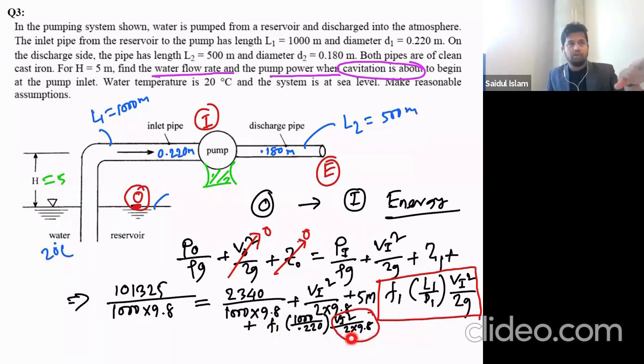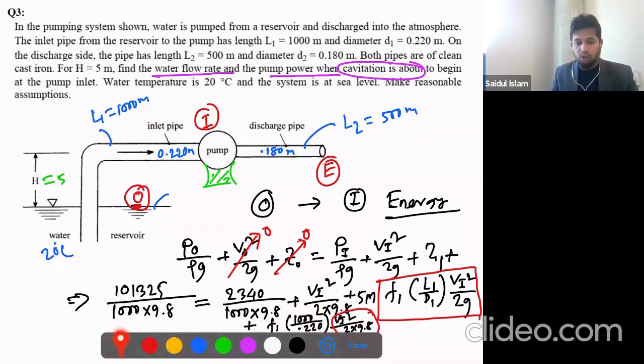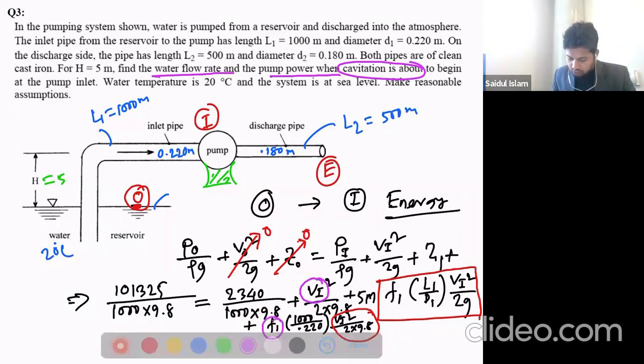Next time I will write it down and make more space. If we simplify this, you look closely, we have two unknowns: V_I, the pump inlet velocity, and the friction factor.